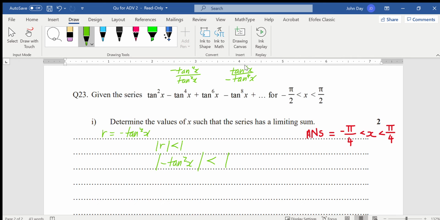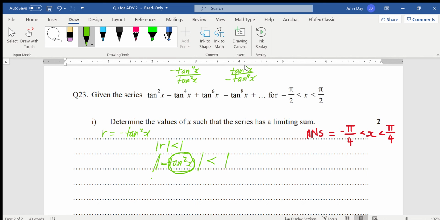Now, when you work that out, that's just like saying the minus of, because tan squared x will be positive for sure. So negative tan squared x will be negative for sure.